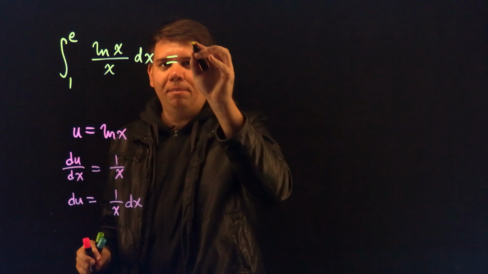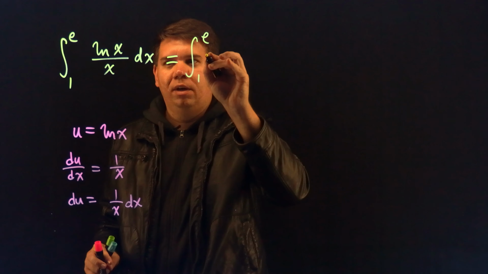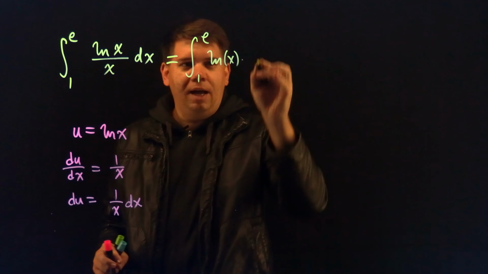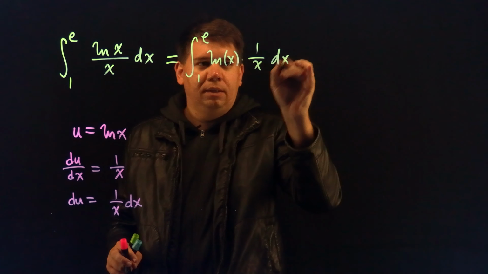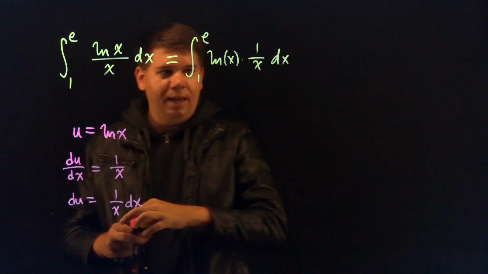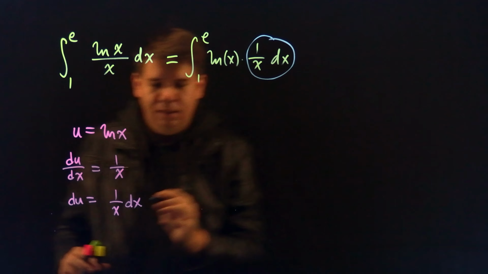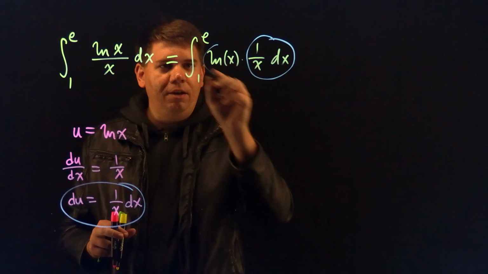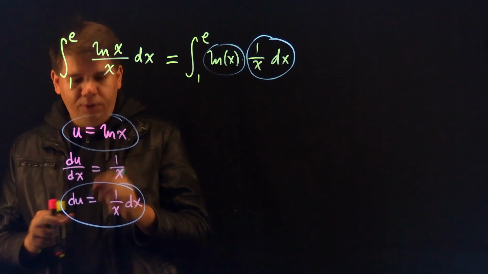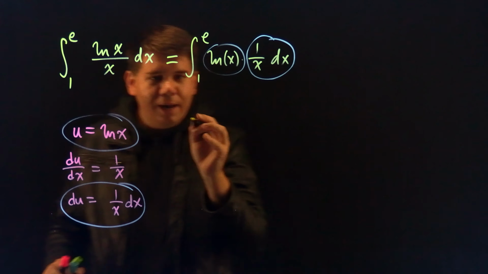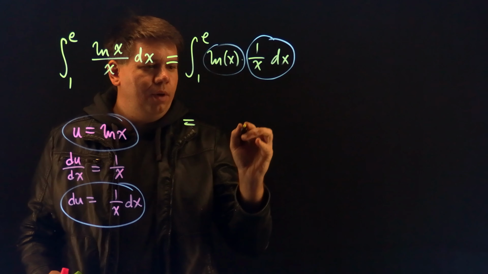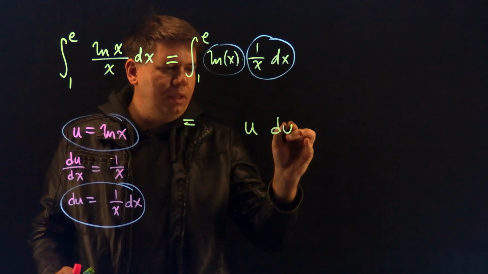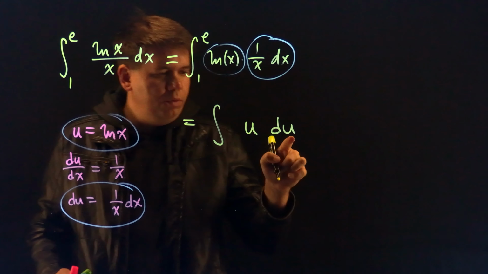Dividing by x, that's the same thing as having ln of x times 1 over x dx. So I have this 1 over x dx that I can replace with du. And I have this ln of x that I can replace with u. So u-substitution allows me to change this into a u and a du. It's just the antiderivative of u du.